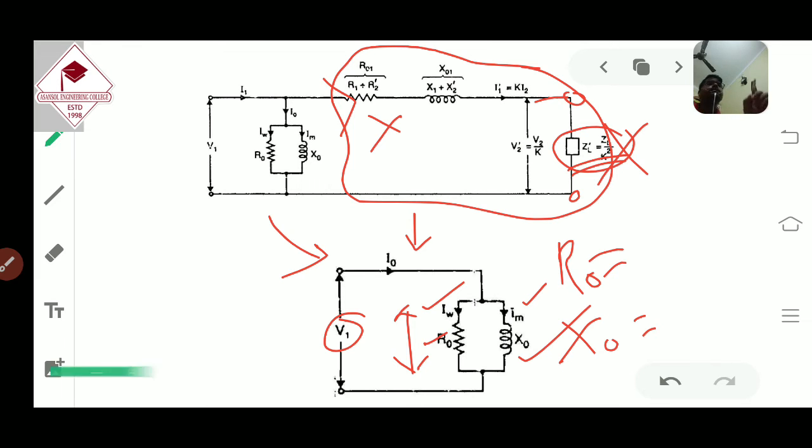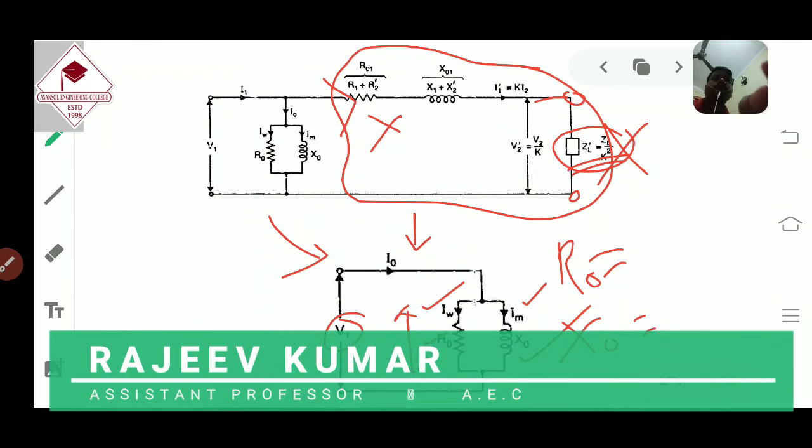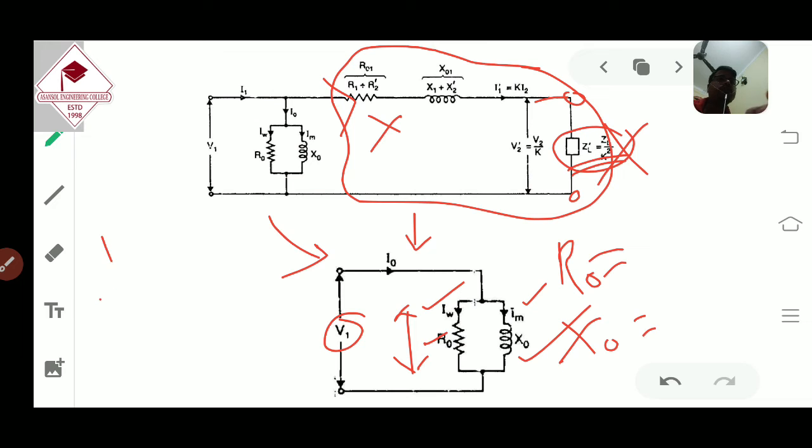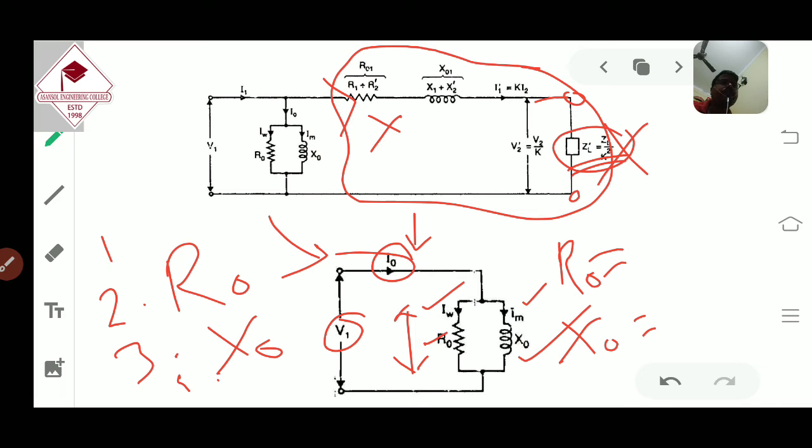The conclusion is that from open circuit test we are finding core loss, number 1, number 2 we are finding R0, and number 3 we can easily find X0. And number 4, we can find no load current as well as the working component and magnetizing component of no load current. So this is all about open circuit test. Let us proceed for short circuit test.